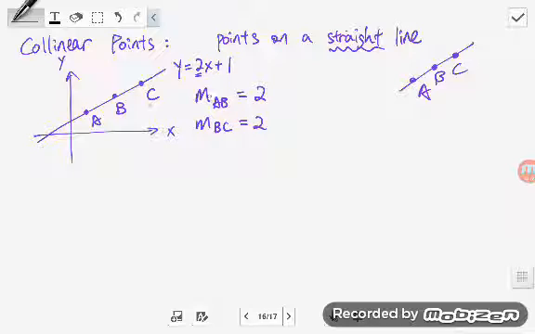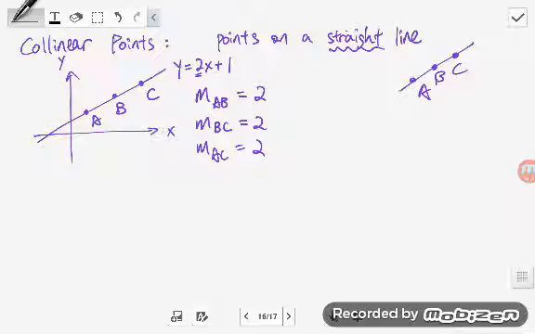If the points are on the line, then the slope between any two of the points is the same, so even the slope of AC would also be 2. In this case, our slope is 2, so they are all 2.